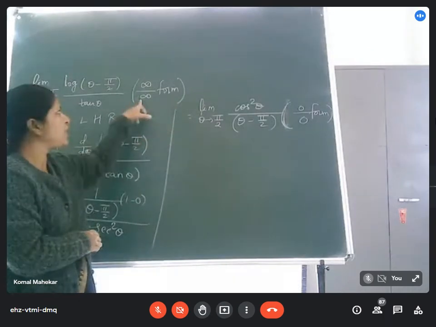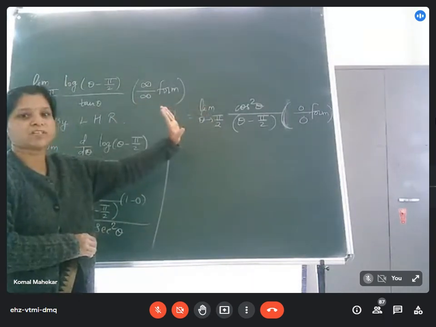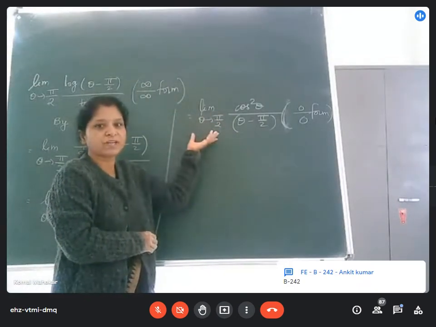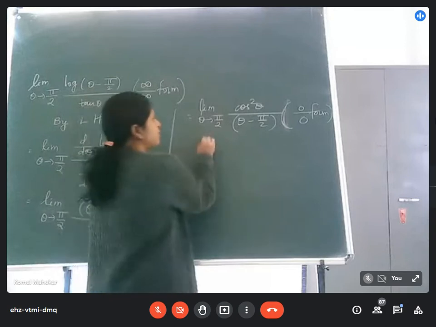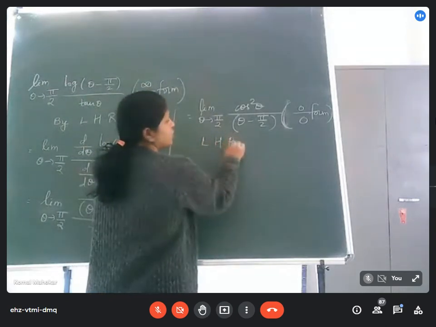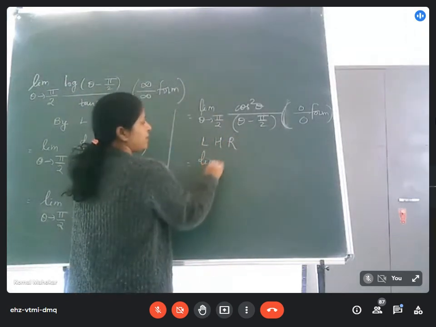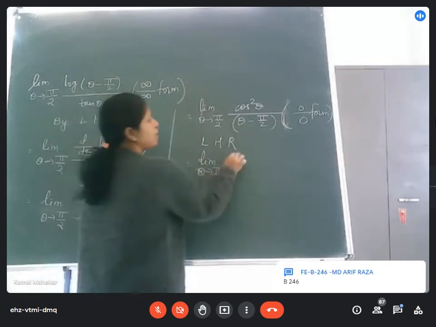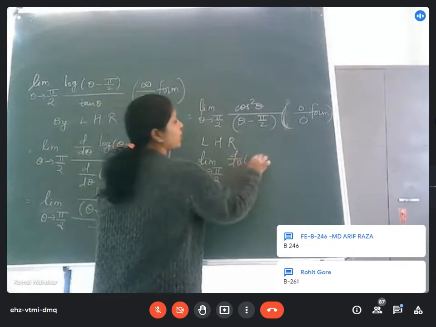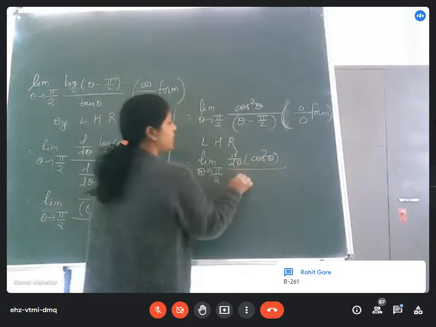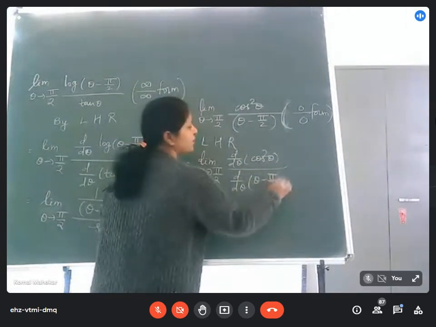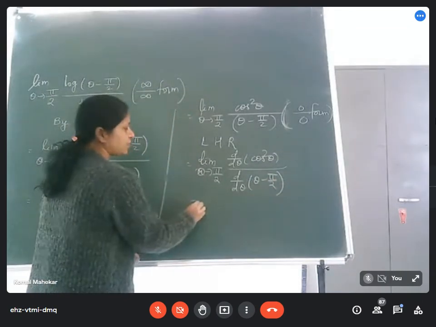Since it is in 0 by 0 form, to evaluate the limit we will apply L'Hospital rule again. So we take the derivative of the numerator and denominator with respect to theta: d by d theta of cos square theta upon d by d theta of (theta minus pi by 2).